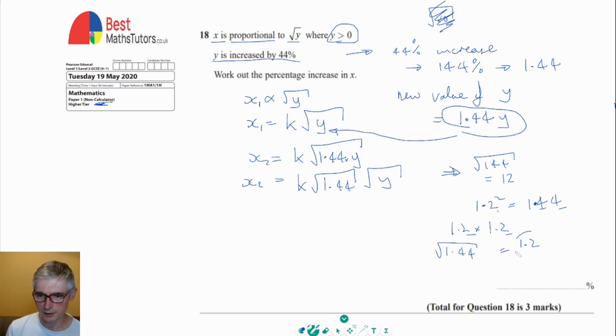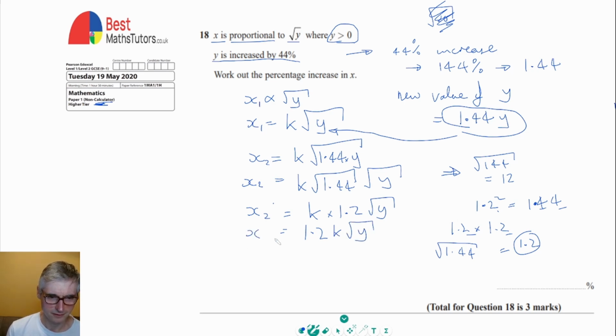So if we take that bit of information and rewrite the root of 1.44, we can say that x2 is actually k times 1.2 times root y. I'm just going to change the order of that. I'm going to say that's 1.2 times k times root y.